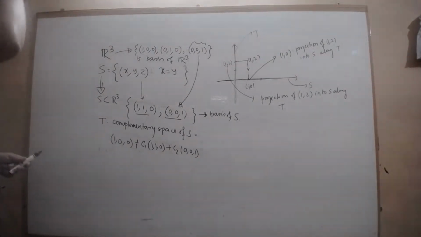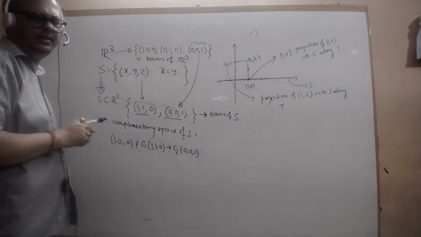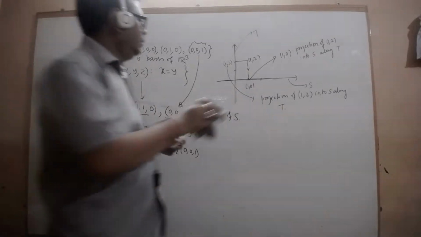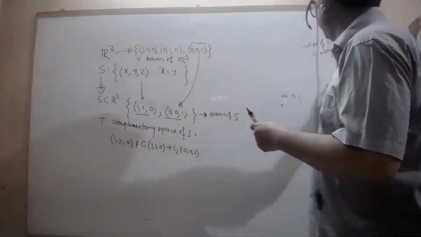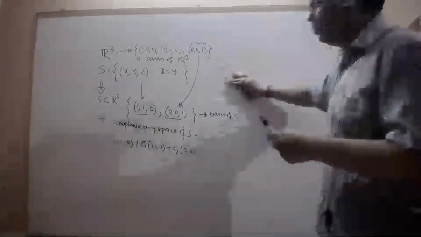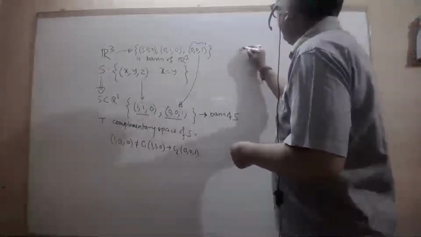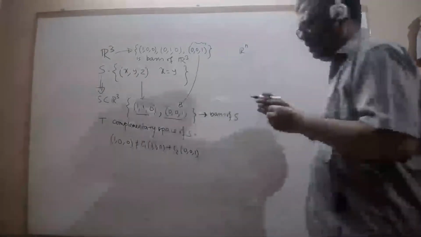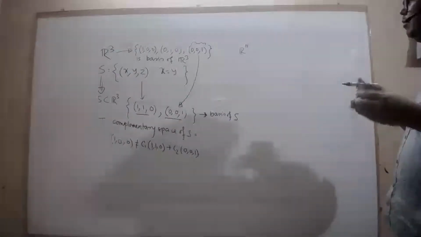Canonical basis is a simple standard basis. So for Rn, if you take Rn, actually these are the axial points.